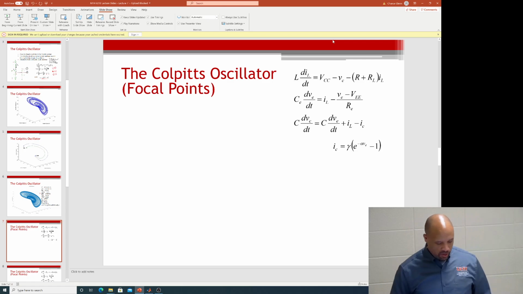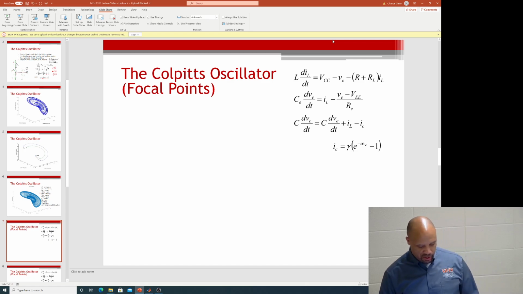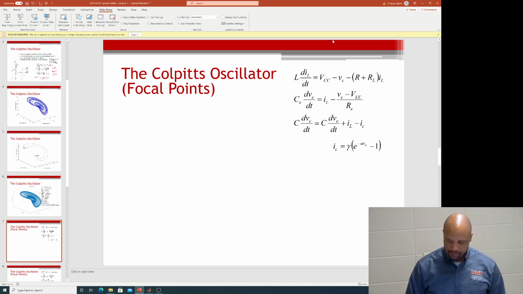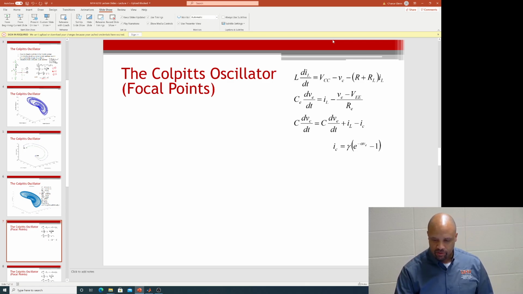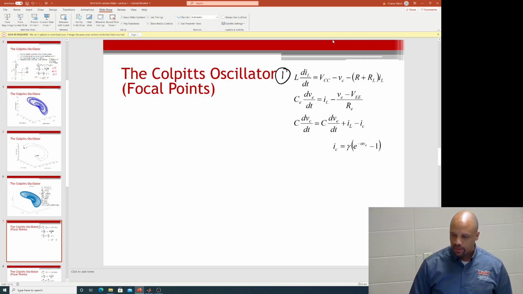All right, so this is what we're going to do. Let's go back and start with this equation right here. Now, as I said, these are velocities, right?